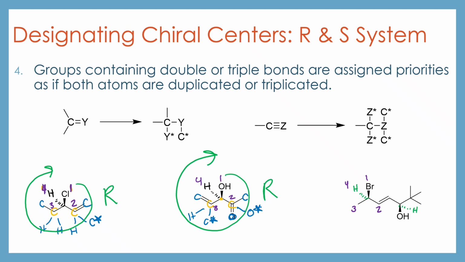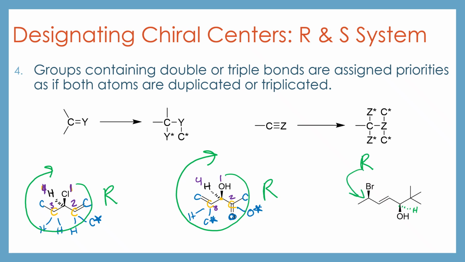So let's go ahead and do this designation. We're going to connect 1 to 2 to 3. This one is also R. Now I'm actually going to erase the work that I just did here because I want to be able to do the other side clearly. So I'm going to erase that. So this stereocenter has an R designation.